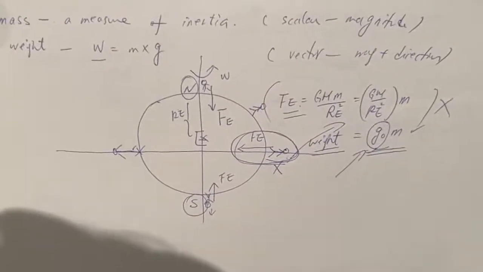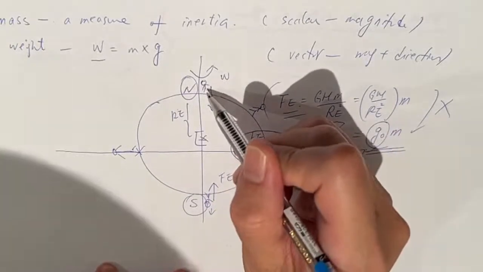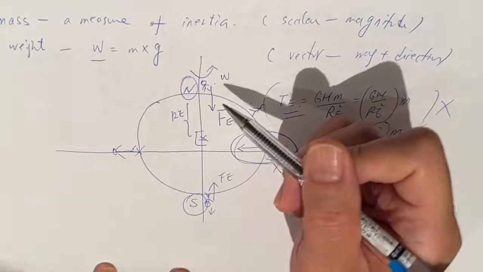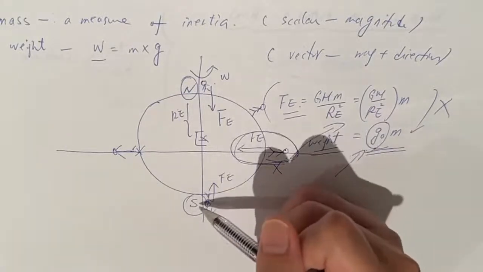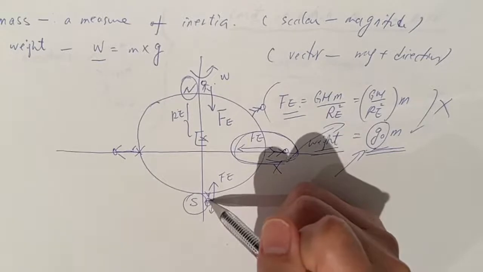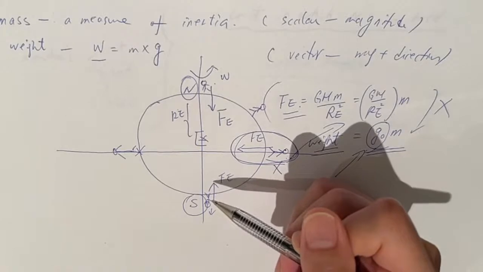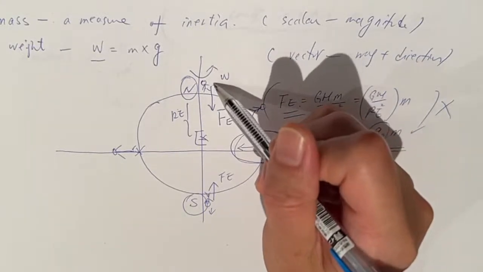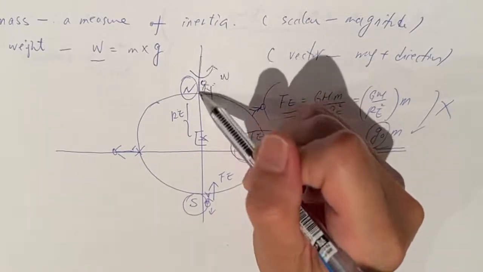Now, we go back here, right? Notice one thing. For the person at the North Pole or the South Pole, this person is stationary because the person is on the vertical axis of the Earth, right?